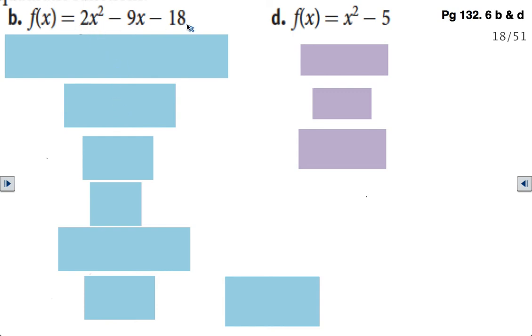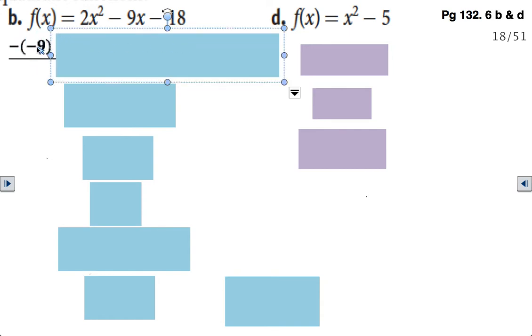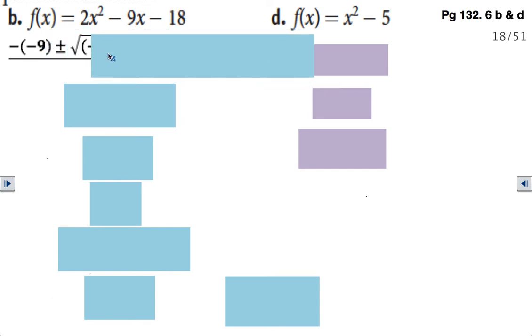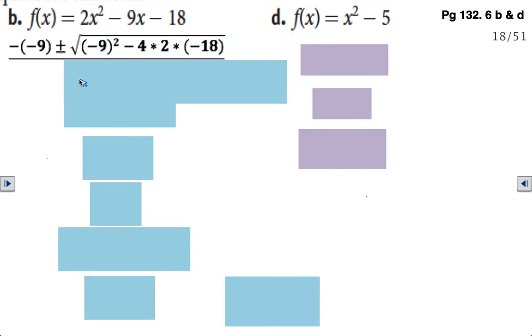So we have this quadratic equation, and the first term that we need is a negative b value. And notice that our b is already negative, so we have a negative 9, and then plus or minus the square root of negative 9 squared minus 4 times my a value times my c value.